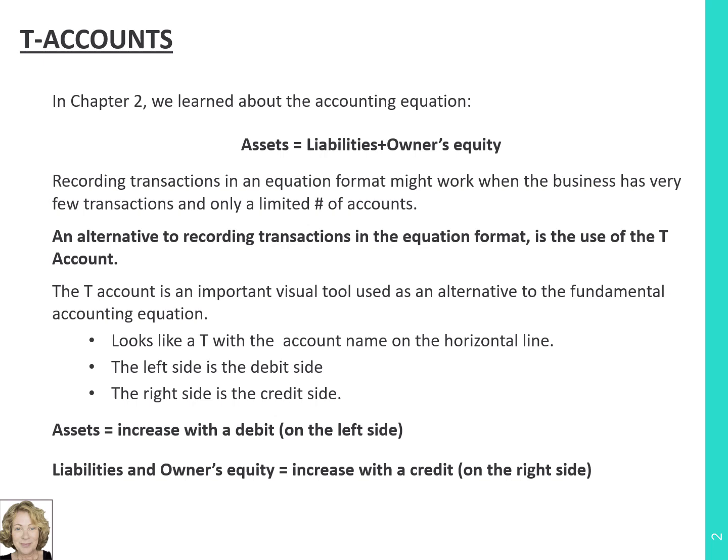It might also be helpful to remember that assets are also on the left side of the balance sheet. Assets decrease with credits. Liabilities and owner's equity accounts increase with a credit on the right side. These accounts are also located on the right side of the balance sheet. Liabilities and owner's equity accounts decrease with debits.